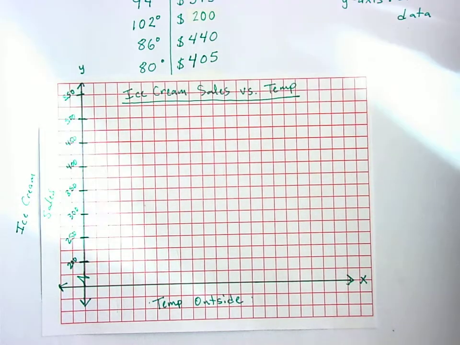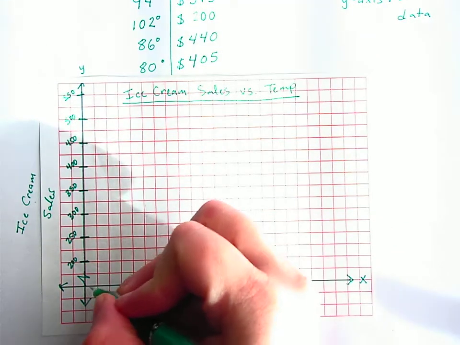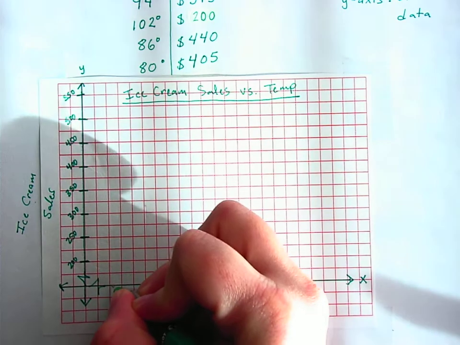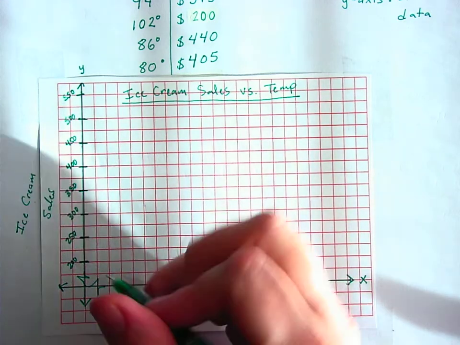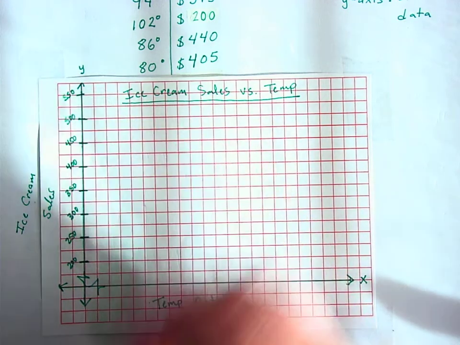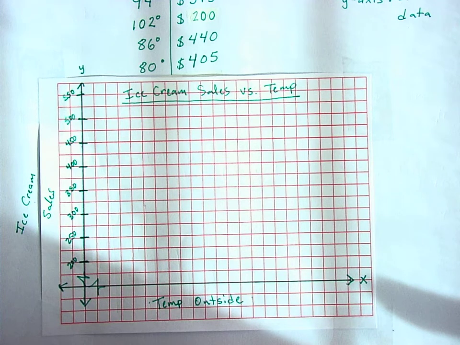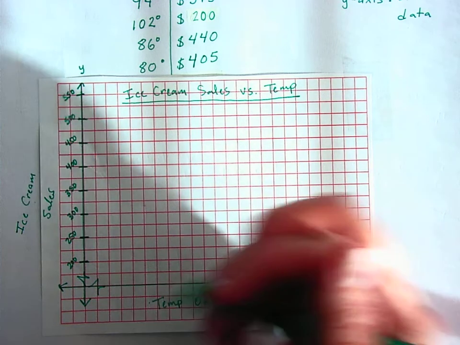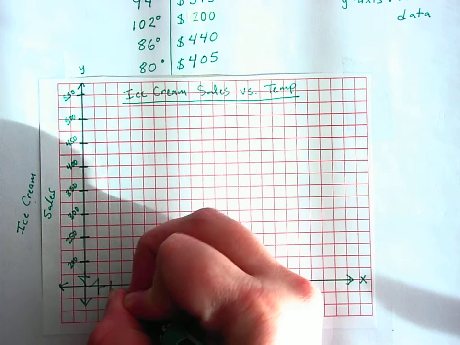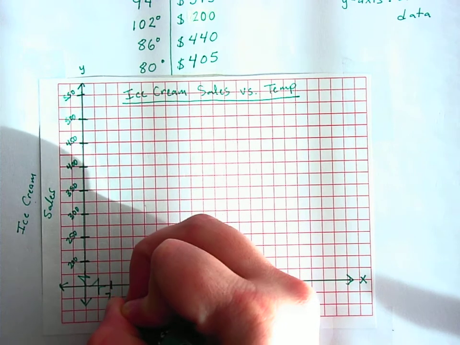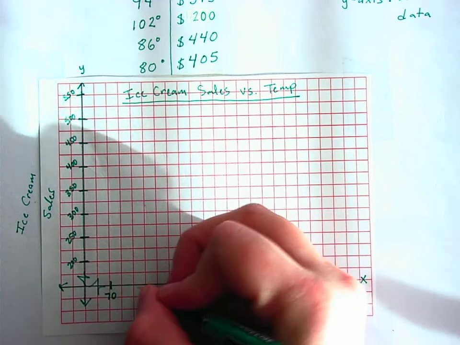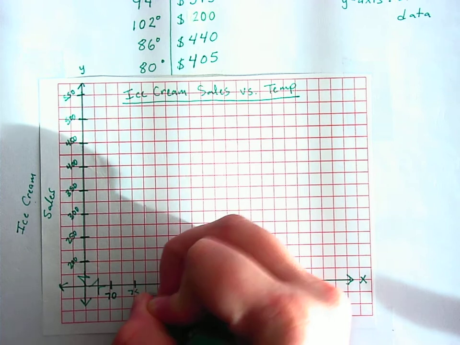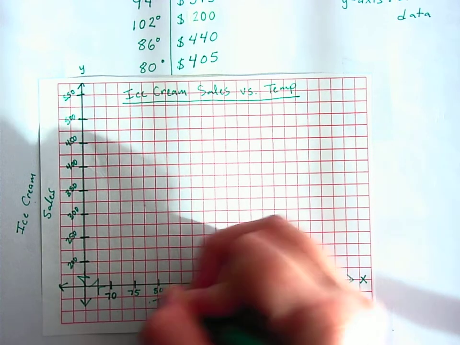All right, and then the temperature outside. I'm also going to break my axis here because I don't want to start at 0 degrees. That would make no sense. Let's see, it looks like my lowest temperature is 70 degrees and my highest temperature is 102. Gross. So I'll start at 70 and maybe jump by 5s as well, 75, 80.